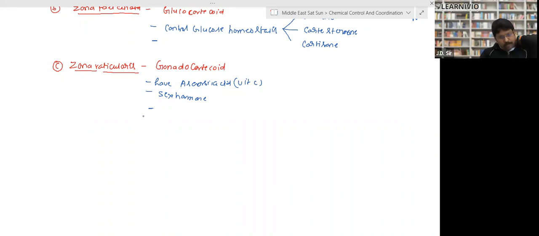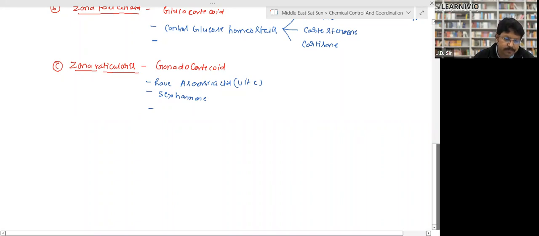Androgens are important for development of male fetus.